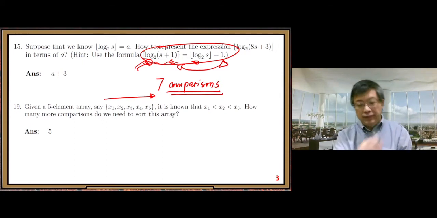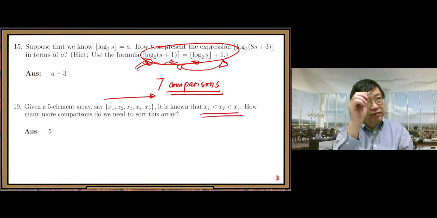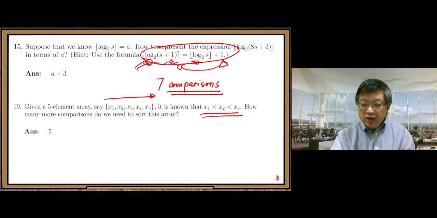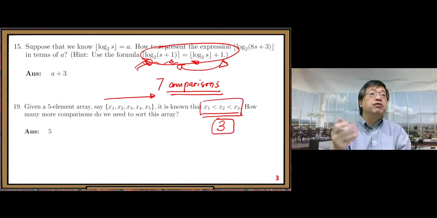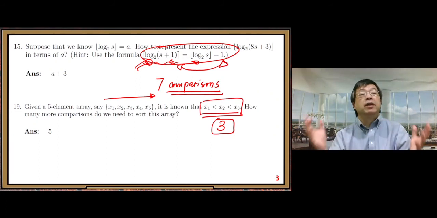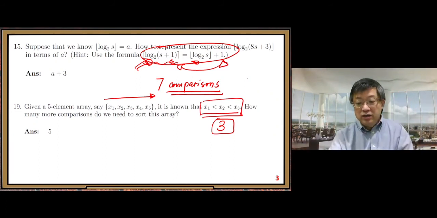Now we have this one, right? And that student argues that because we need 3 comparisons to get this, so 3 out of the 7 comparisons are used to get this one, but we already have this information, so we don't need those 3 comparisons. The remaining, so what do we need? Just 4 comparisons.